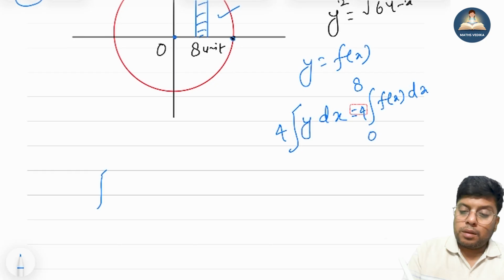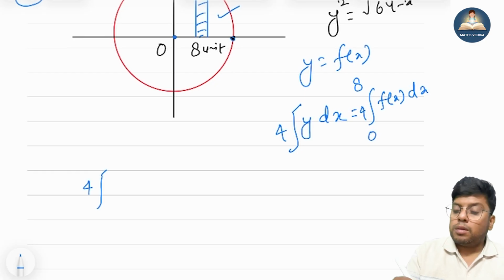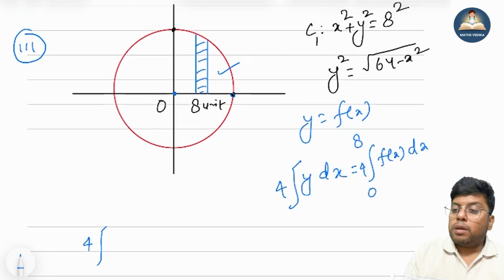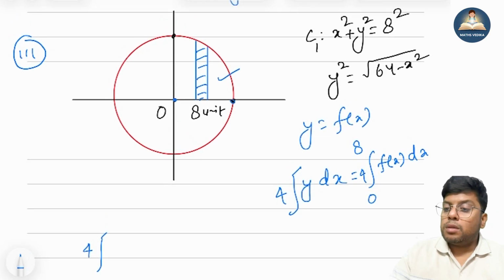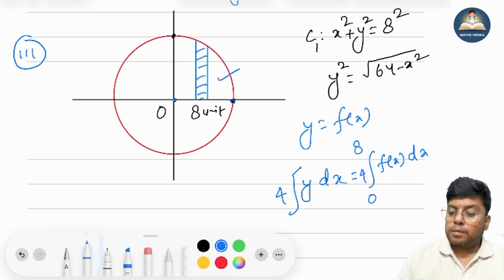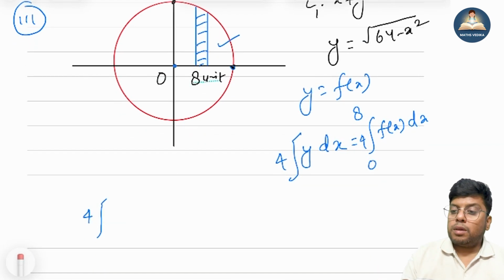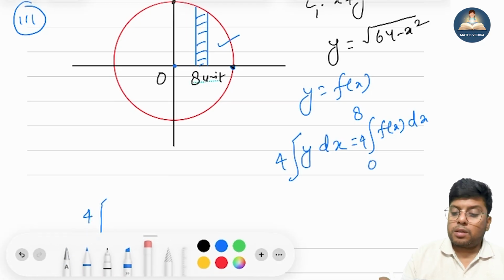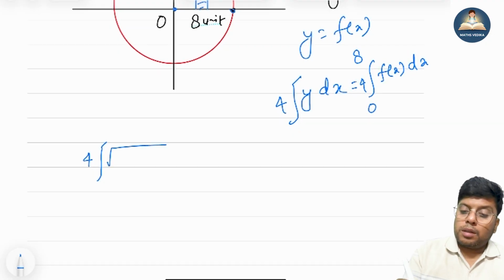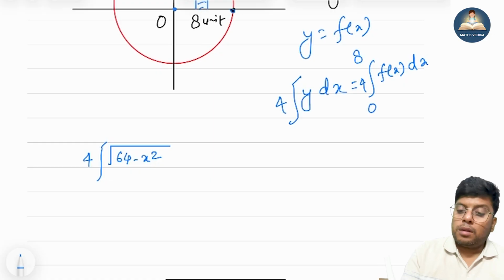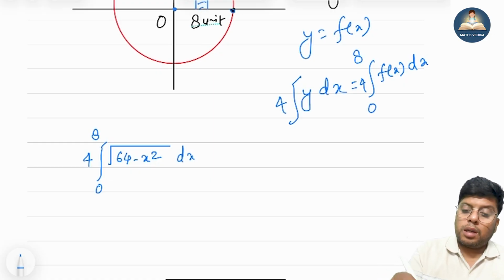So we have 4 into the integral of f of x dx, where y is equal to f of x, and y is equal to root under 64 minus x square, dx from 0 to 8.